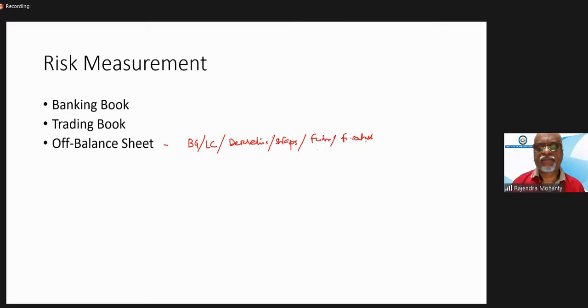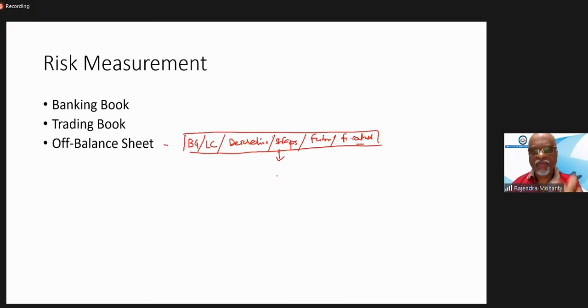So all these things, when the bank enters into such things, they are not part of the balance sheet. That's why for the time being, when they are issued, they will be under off balance sheet. But later on, as per the default of the counterparty, or as per the counterparty not fully fulfilling the commitment, these off balance sheet items may become funded ones.